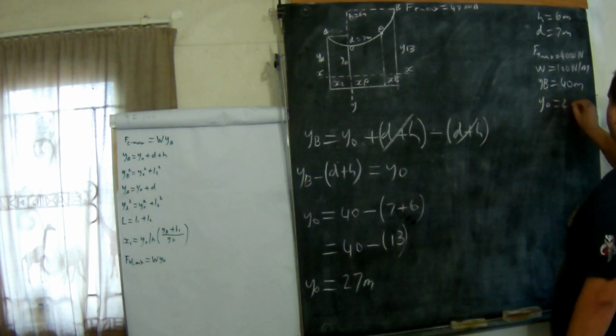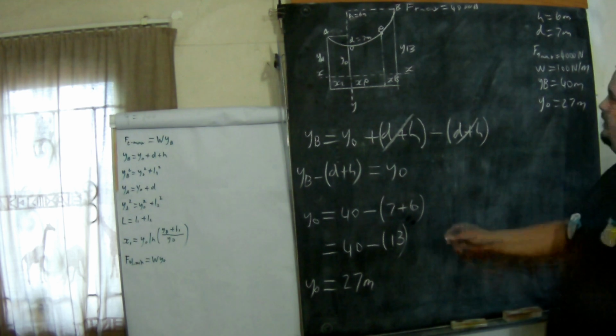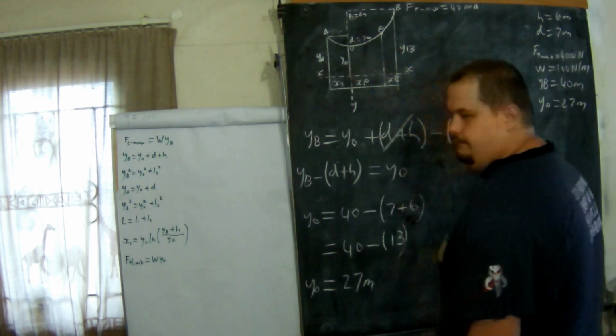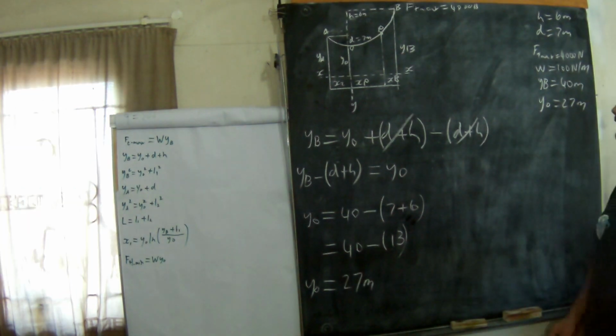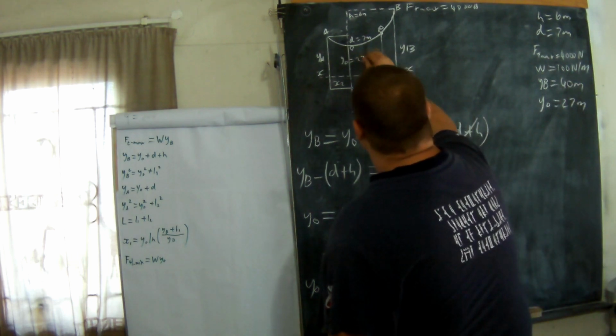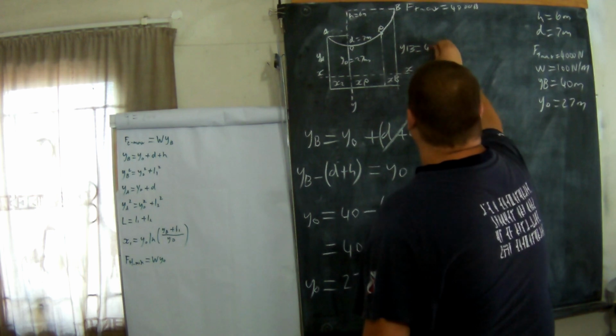YO goes from the turning point to the bottom. YB is equal to 40.